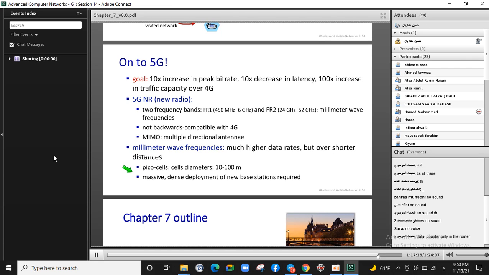Okay, we have too many picocells, small cells, so we need too much infrastructure, a dense, massive deployment, which is costly.